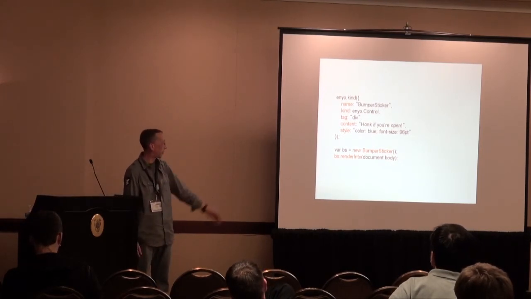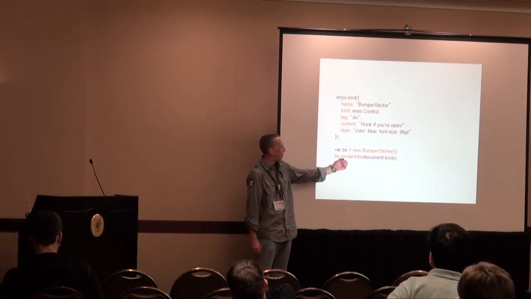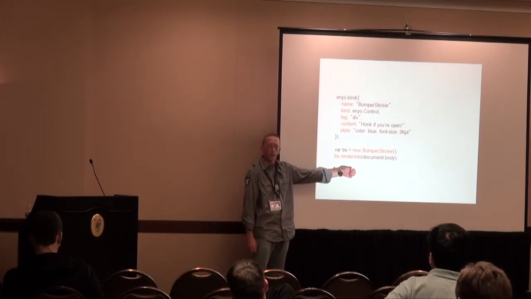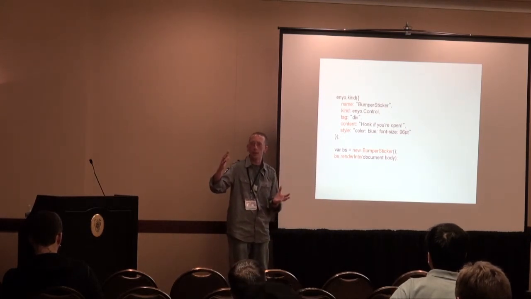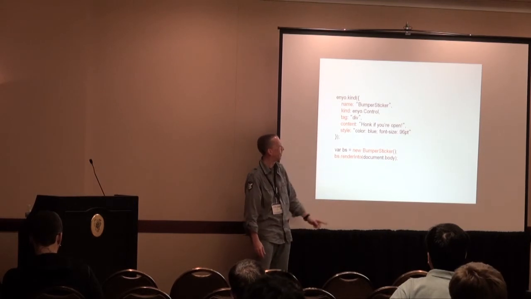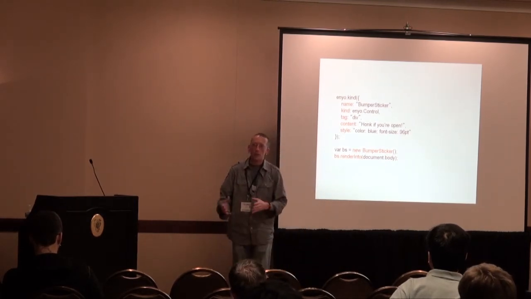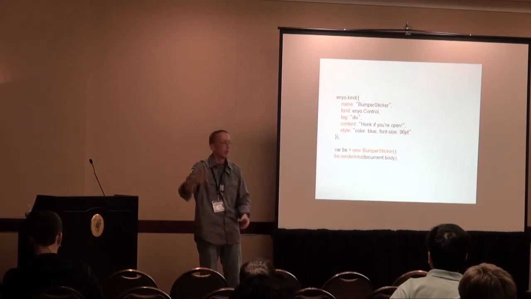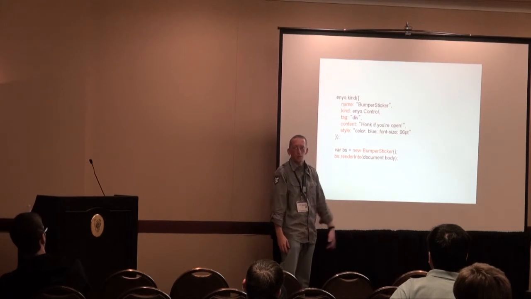So I make a new bumper sticker, and there are a couple of ways to do this. Controls have a renderInto method that I pass an element to, and it will just replace the entire HTML contents of that element with this. A lot of times you'll see renderInto document.body, taking over the whole viewport. But you don't have to do that. You can render this into any element that you have a reference to.